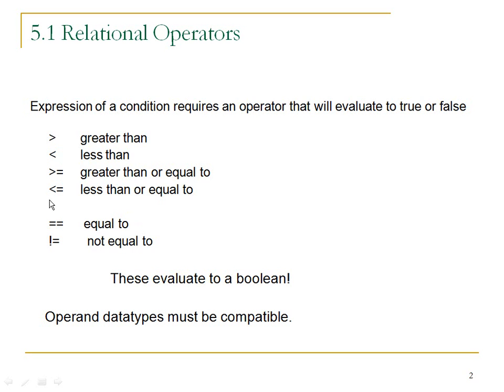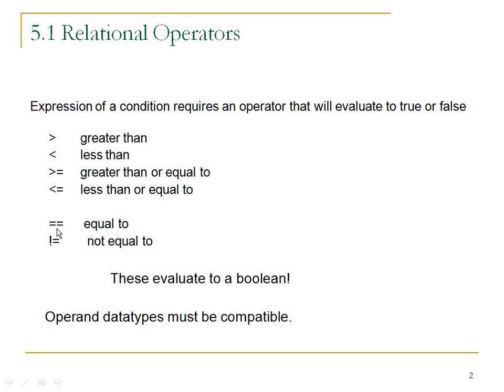And some people separate them into the inequalities and the equalities. So the greater than, less than, greater than or equal to, less than or equal to are the inequalities, and then equal to and not equal to. Notice that we are using 2 equal signs here.